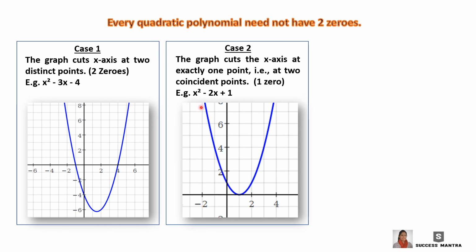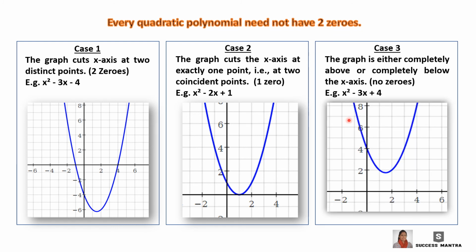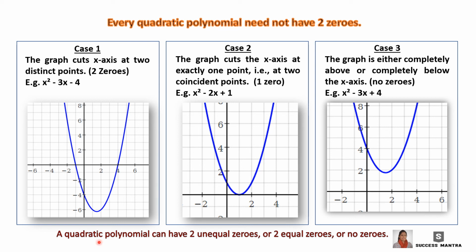In this case too, the parabola cuts the x-axis only at one point. So this given expression has only one zero. Now case 3, in this case the parabola is not even touching the x-axis. So in this case the polynomial has no zeros. So we can conclude that a quadratic polynomial can have two unequal zeros, or two equal zeros, or no zeros.